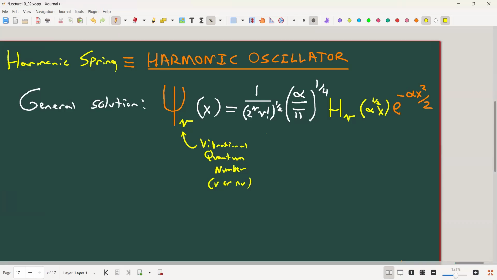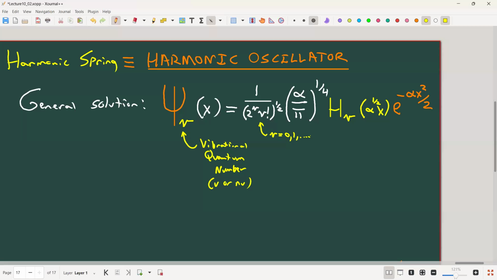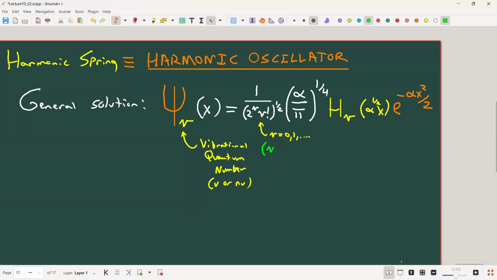So V can be 0, 1, and onwards. If you don't remember, V factorial is equal to V times V minus 1, V minus 2, down to 1.